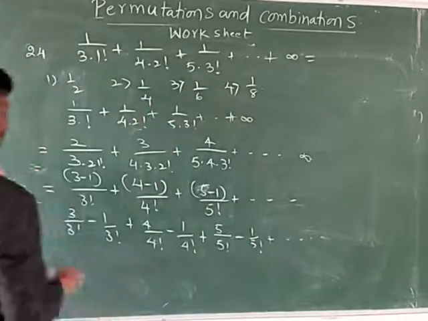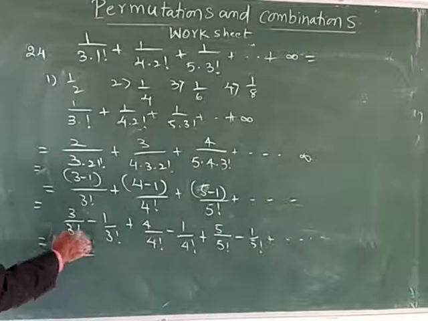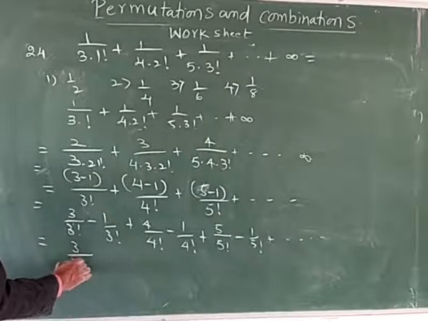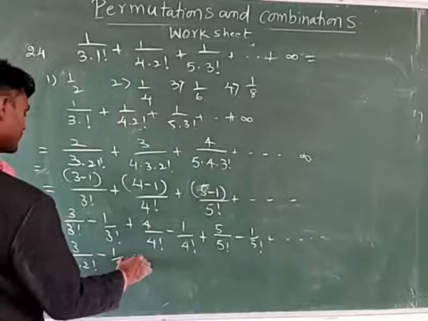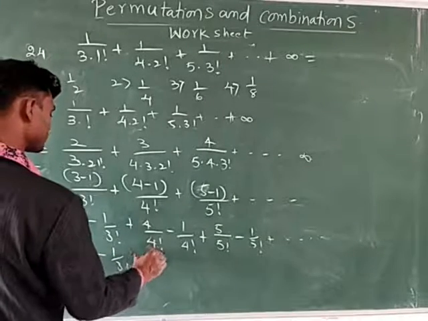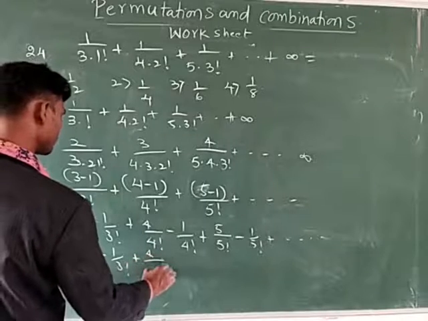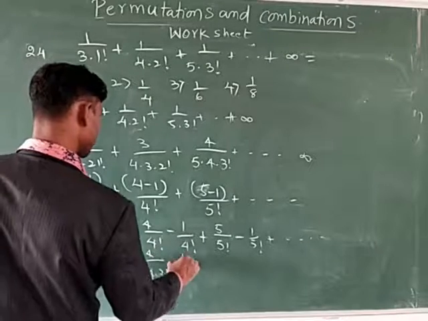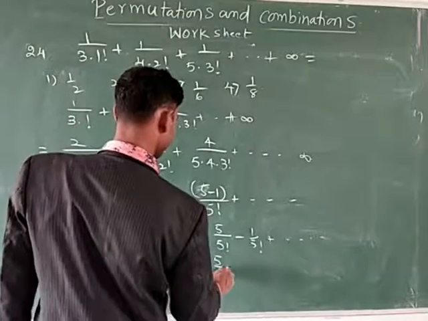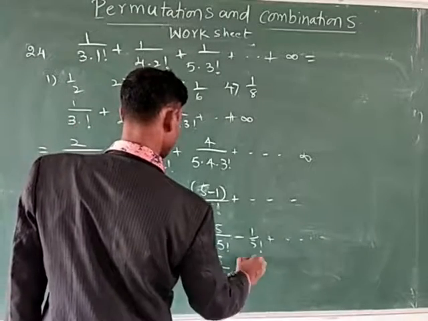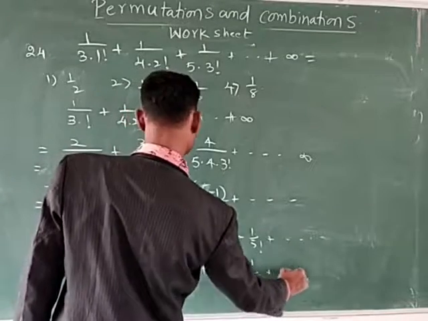Listen, this one is rewritten as 3 by 3 into 2 factorial, which is 1 by 2 factorial, minus 1 by 3 factorial, plus 4 by 4 into 3 factorial, which is 1 by 3 factorial, minus 1 by 4 factorial, plus 5 by 5 into 4 factorial minus 1 by 5 factorial, and so on.